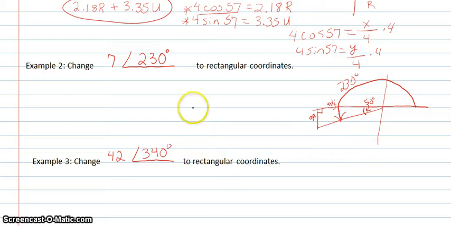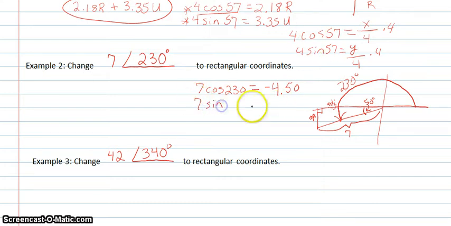Now what I do is I just use, again, that 7 is right here. It is like a hypotenuse. So if I went 7 cosine 230 degrees, I will get negative 4.50. And I'm rounding to the hundredths place here. And then 7 sine of 230 degrees would equal negative 5.36.